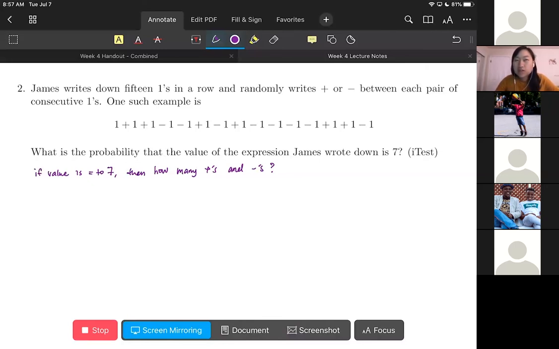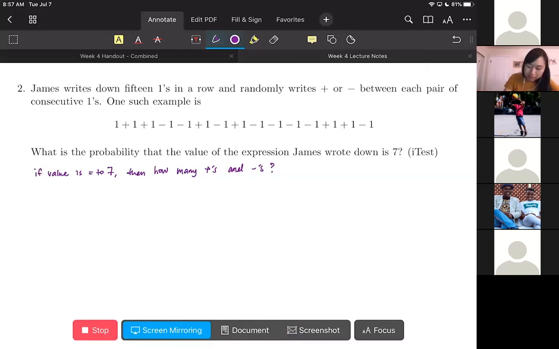So that's close. I think you identified a key part of the problem, which is if the value of the expression is 7, then we need to identify how many pluses James wrote and how many minuses James wrote, right? And one thing to note is we have 15 ones, but if we write down plus or minus between each pair, James is writing down 14 total pluses and minuses.